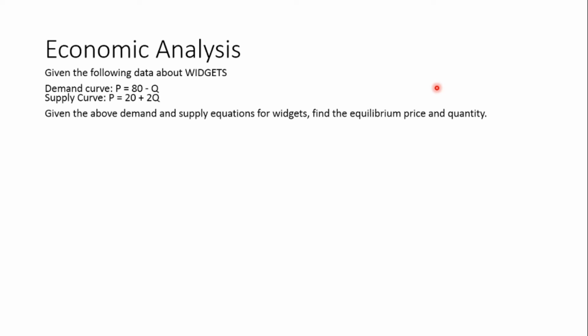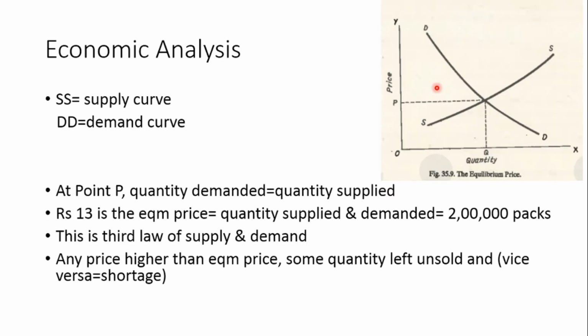We have seen in the equilibrium concept that at the equilibrium point the amount demanded is equal to the amount supplied. So at that point both curves, demand and supply, are intersecting each other.